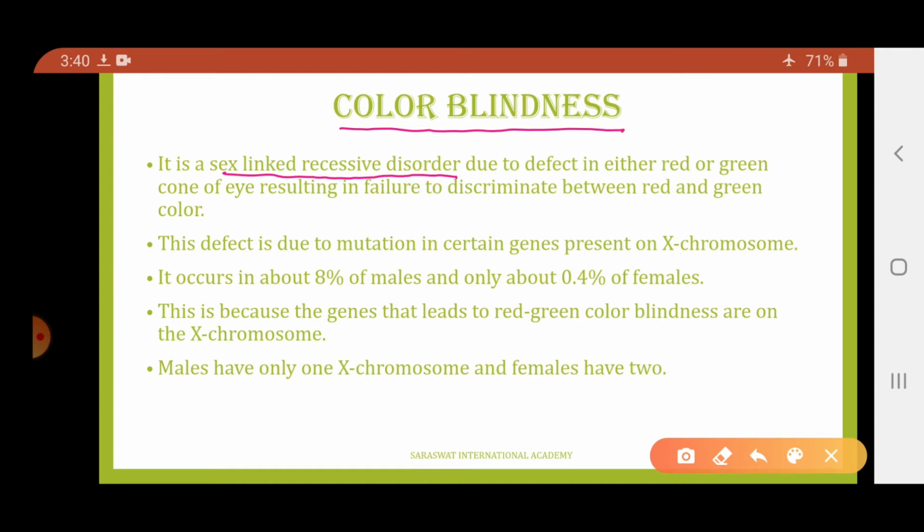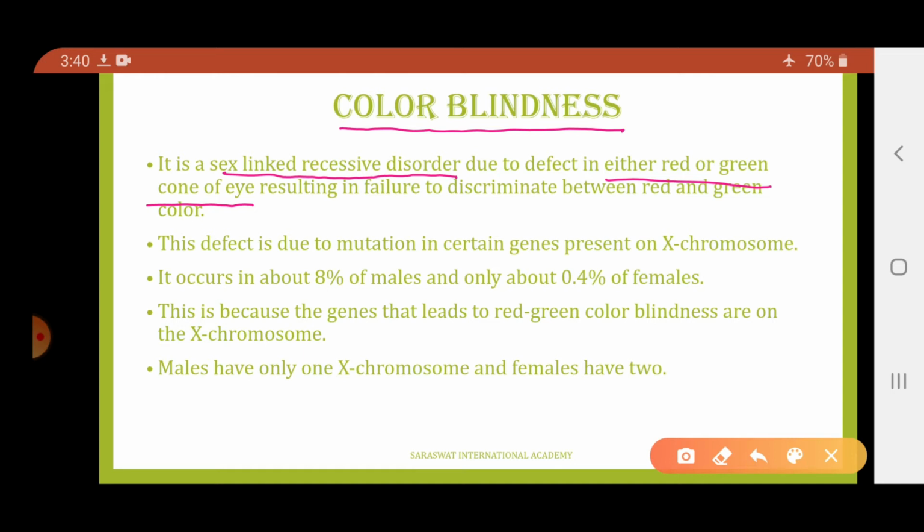Now it is a sex-linked recessive disorder due to a defect in either the red or green cone. Students, you have studied that we are able to see the various shades of color due to the presence of cone cells in the eye. So the defect arises either in the red or green colored cone cells of the eye.